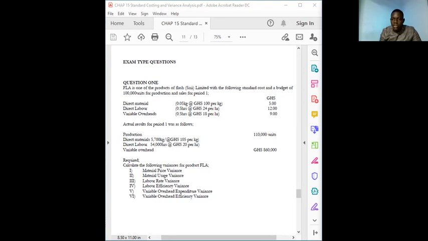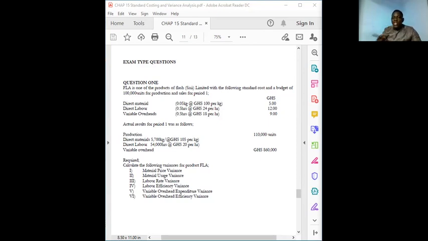Our material usage variance will be equal to the actual quantity, which is 5,700 kg, minus 5,500 kg, measured at the standard price of what? 100 Ghana cedis. Okay, good.